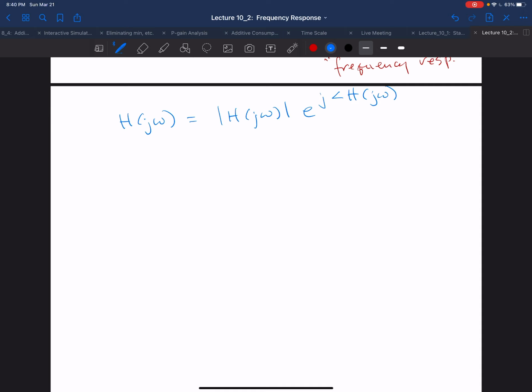Just so that everyone understands what we're doing here, for a given value of omega, h of j omega is some point on the complex plane. Okay? So we could characterize it in terms of its real and imaginary parts.